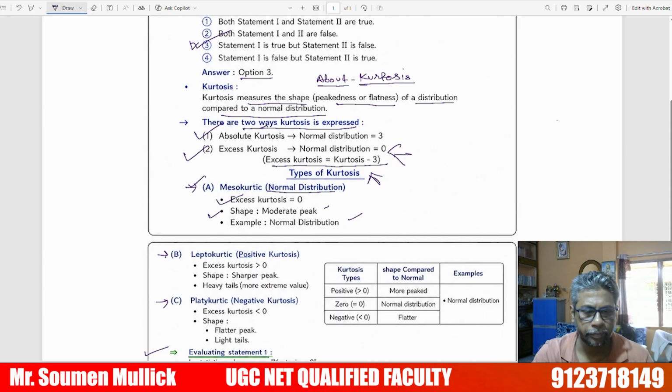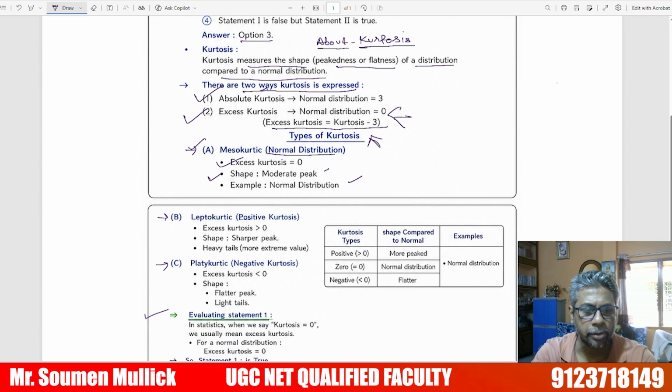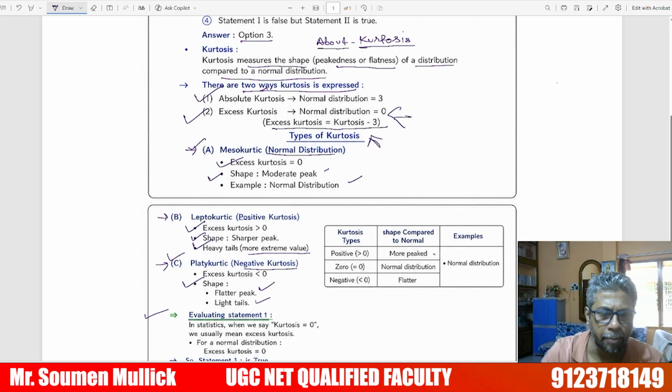Leptokurtic is positive kurtosis, excess kurtosis greater than 0, with a sharper peak, heavy tails, and more extreme values. Platykurtic is negative kurtosis, excess kurtosis less than 0, with a flatter peak and light tails. So positive, greater than 0, means a more peaked shape; 0 is the normal distribution shape; and negative is flatter.